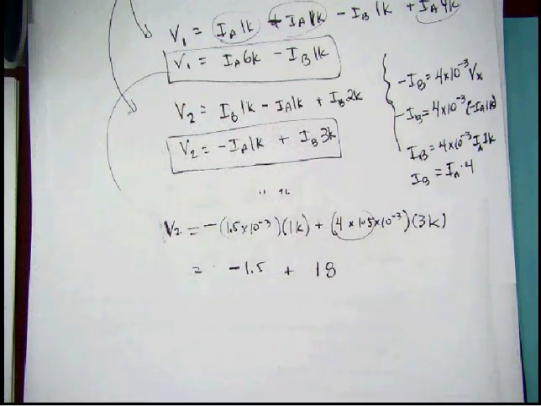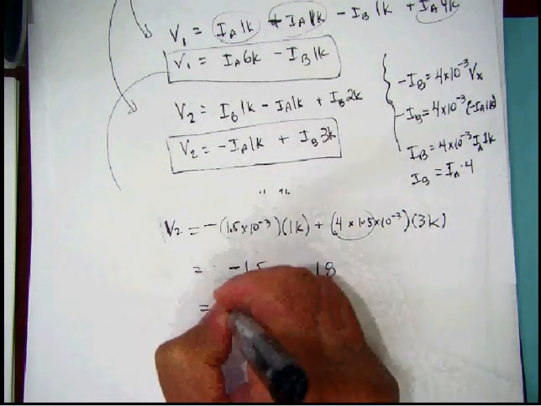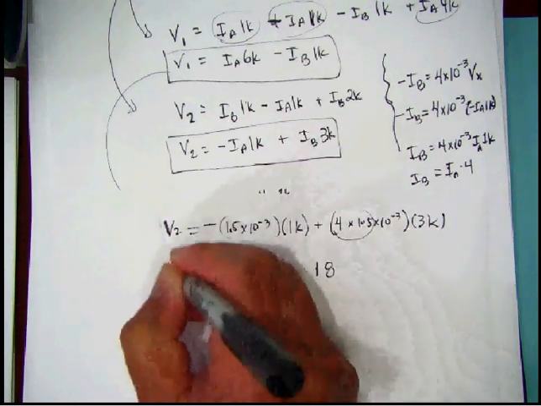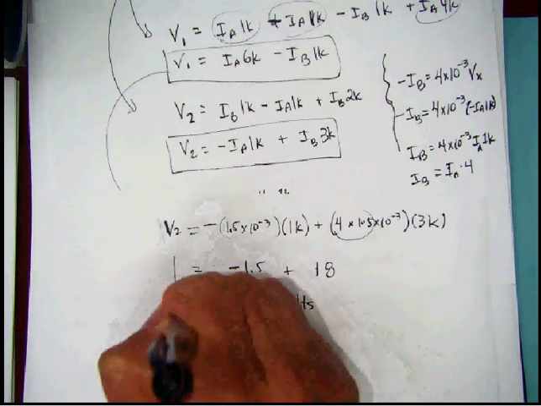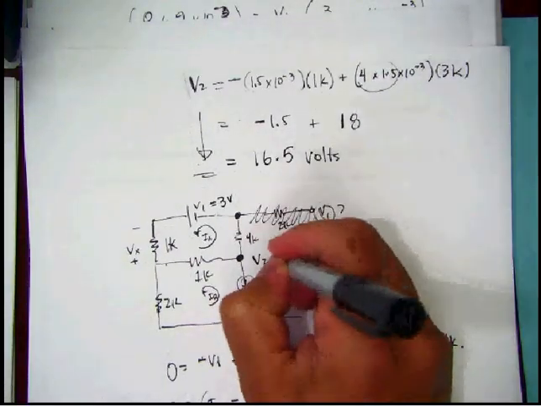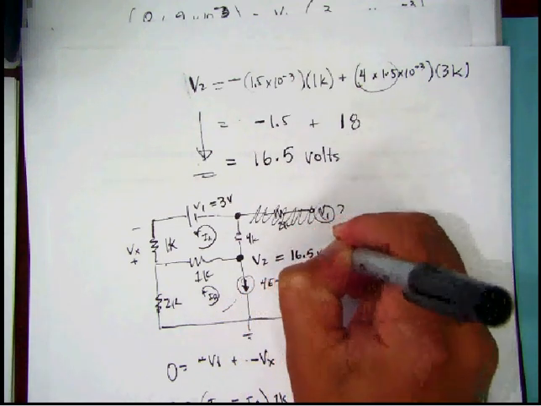So we've got negative 1.5 plus 18, which gives us a nice 16.5 volts. Again, assuming all my units cancel appropriately. So now that gives us a value for V2.